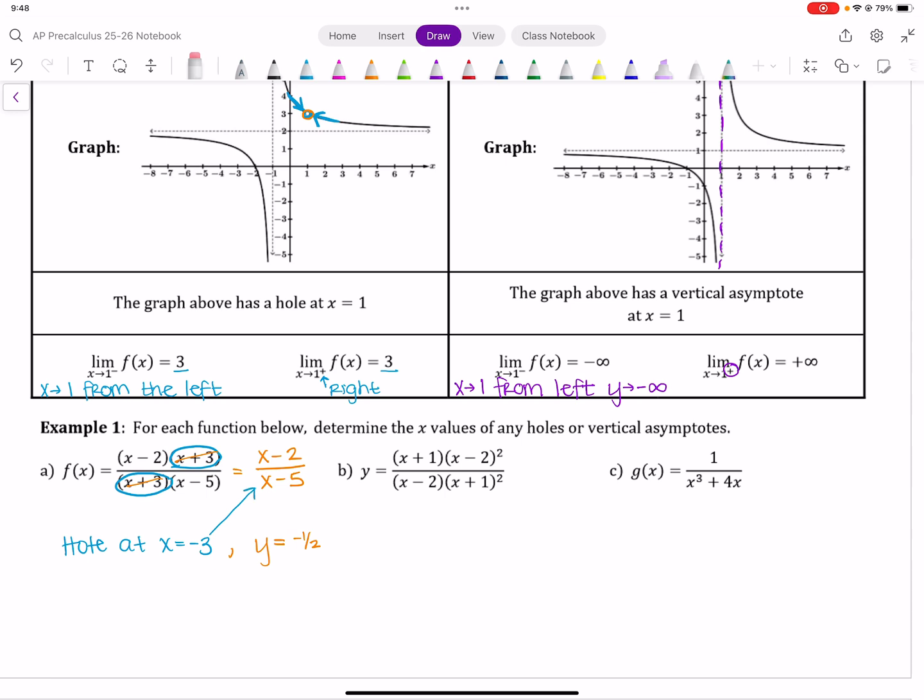Oh, and I put +3, not -3. So if we put -3, -3 minus 2 would be -5. -3 minus 5 would be -8. So +5/8 would be where our hole is. So then, remaining in our denominator is our x minus 5, which gives us our vertical asymptote.